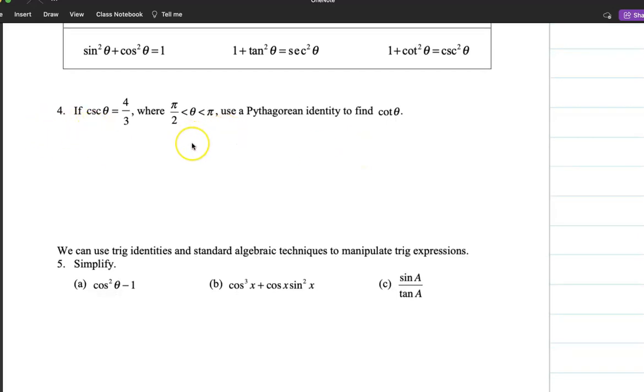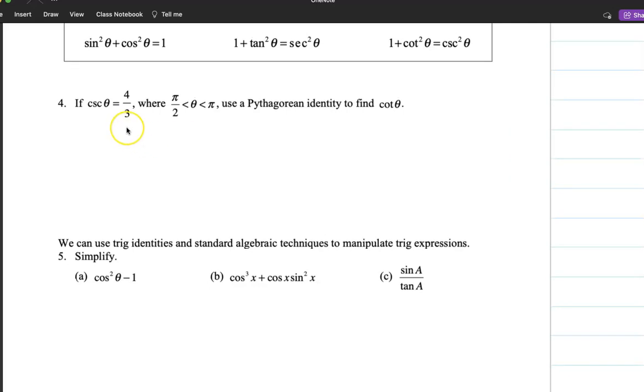Now this one. 1 plus cot square theta is equal to cosec square theta.